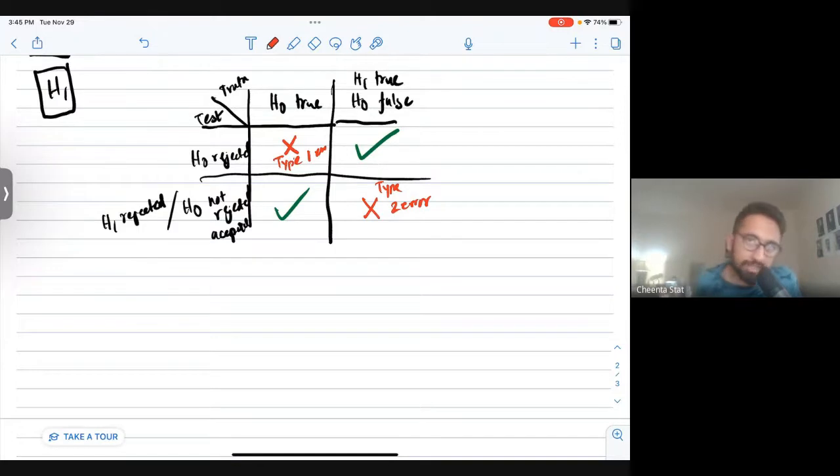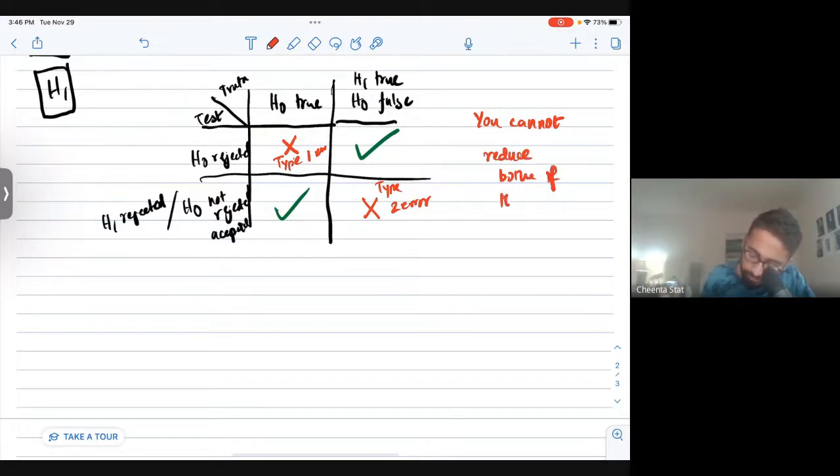You can see by experiments that you cannot reduce both of them together. Why? You cannot reduce both of them together.